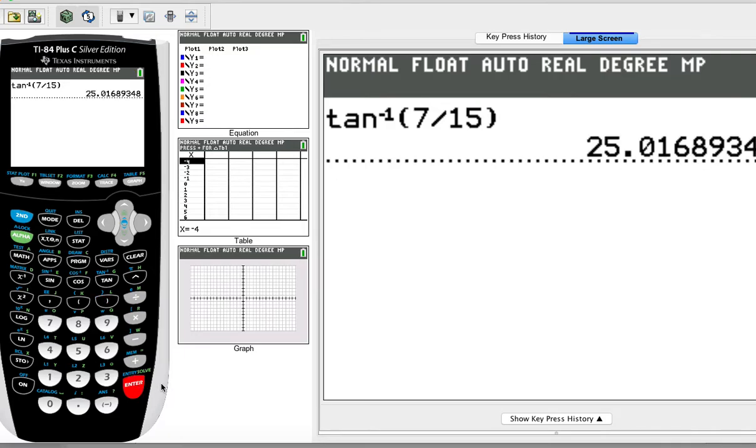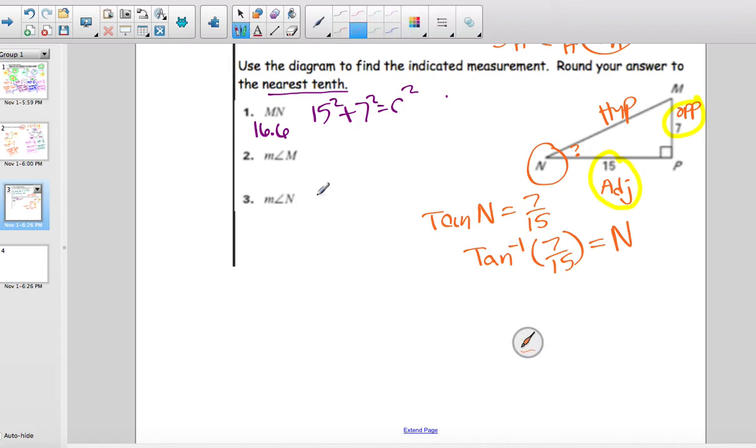And they had said nearest tenths place, so that would be 25.0. We do need to write the 0.0. 25.0 degrees, because it is an angle, so that is like a unit of measure for that. So 25.0 is this angle.